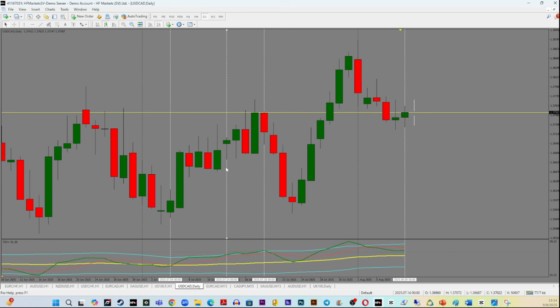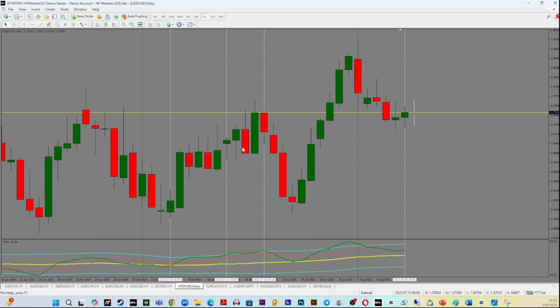We can as well see this being an inside day. Why? Because its high and low are within the previous daily range, which is this one. And we can see here again we had an inside day, high and low within this particular range, and the latest one we can see high and low within this previous range.